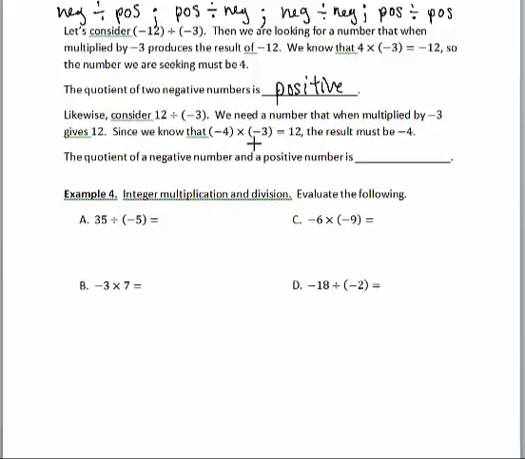Okay. And then the quotient of a negative number and a positive, well, there's only one negative. One negative is an odd number of negatives. So this quotient would be negative.